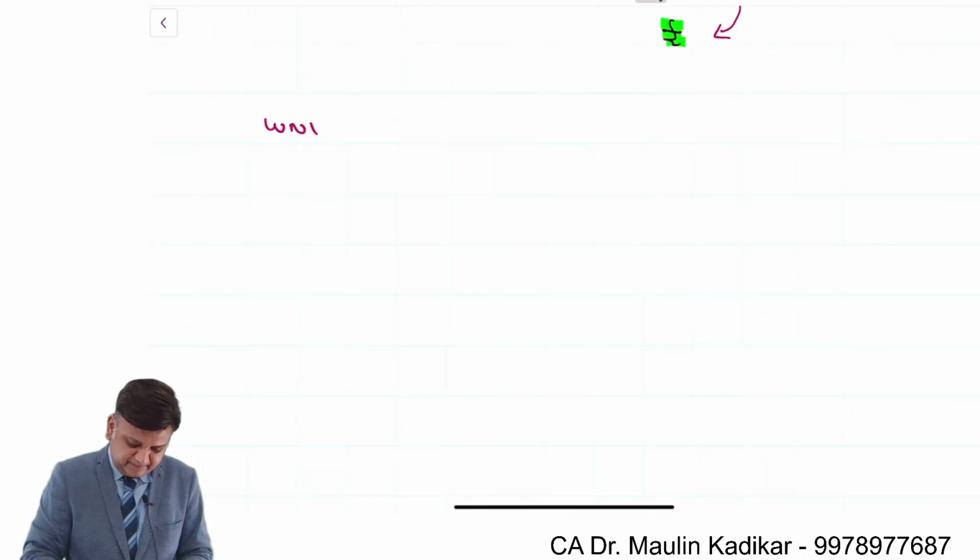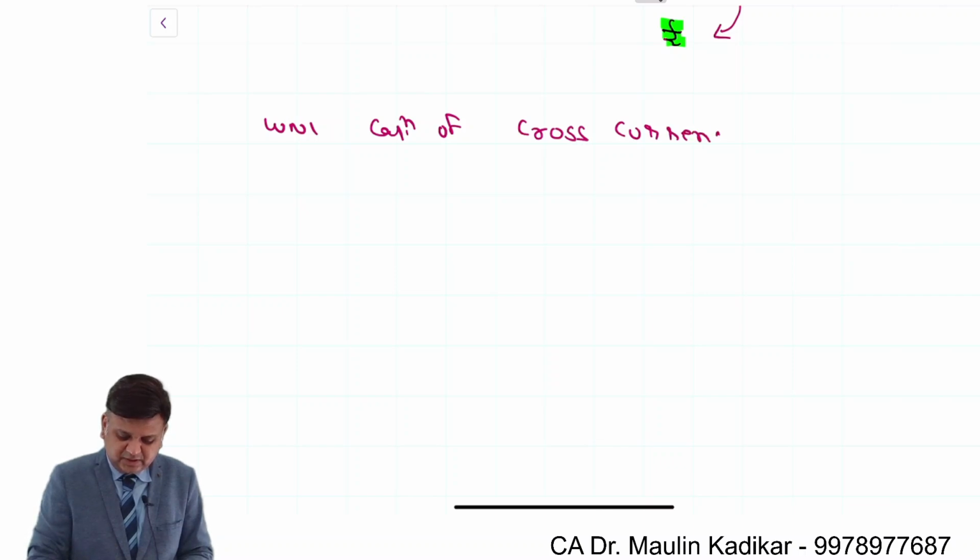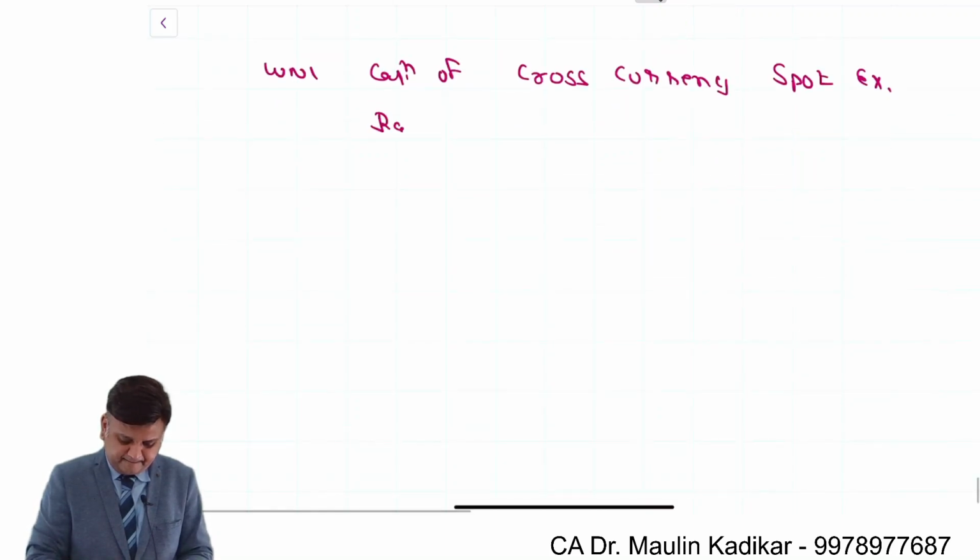Working note number 1, calculation of cross currency spot exchange rate for euro per pound.